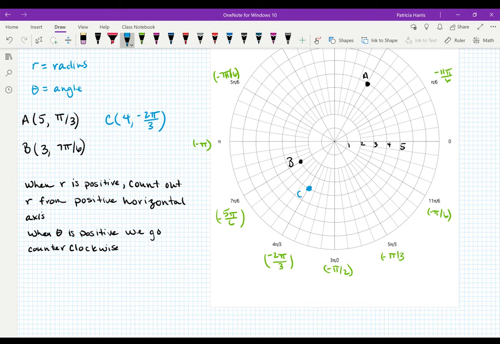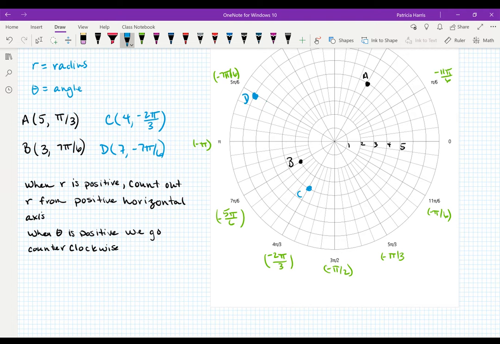All right, let's do another one, D. Let's go 7, negative 7 pi over 6. You can even go directly there if you want. 1, 2, 3, 4, 5, 6, 7, like that. You don't have to go around. So let's call that point D.